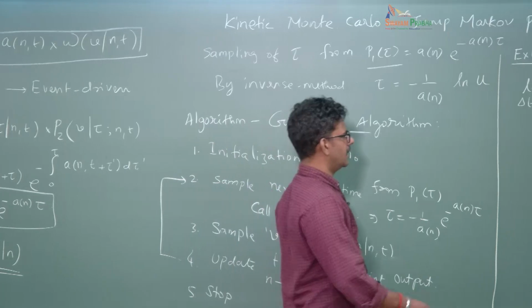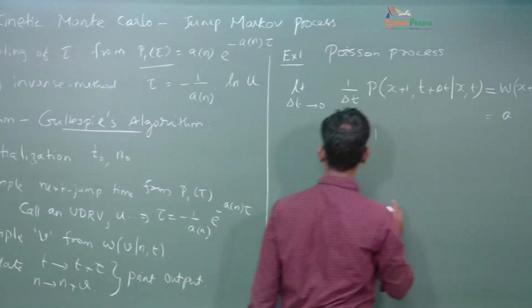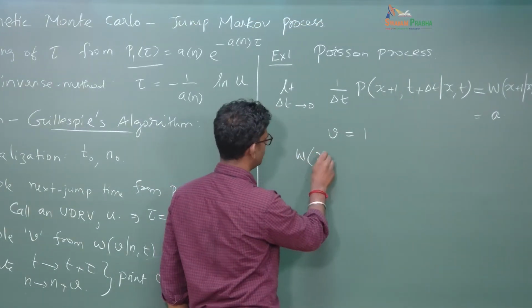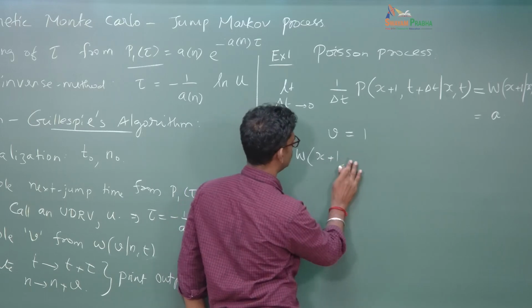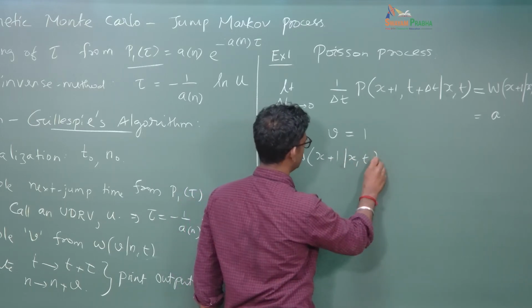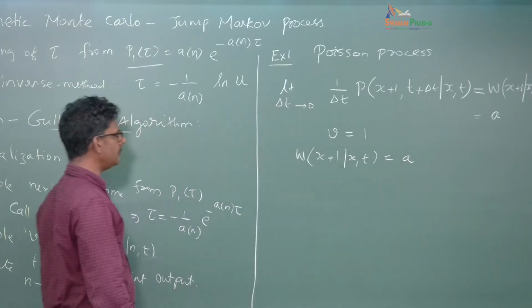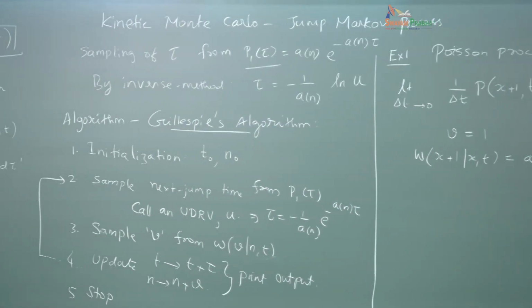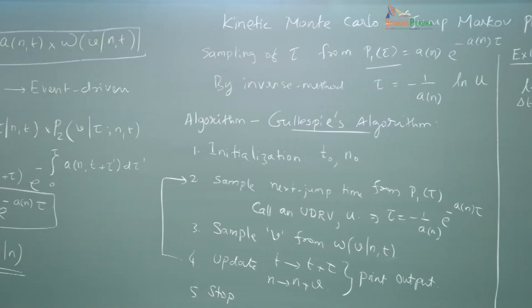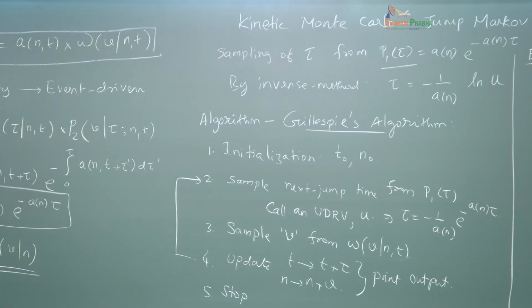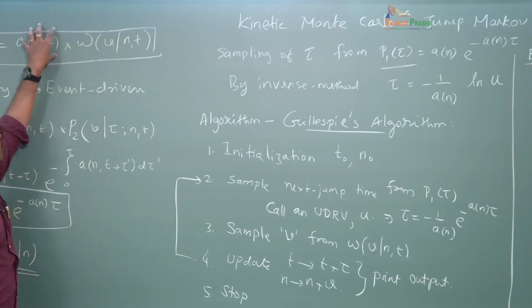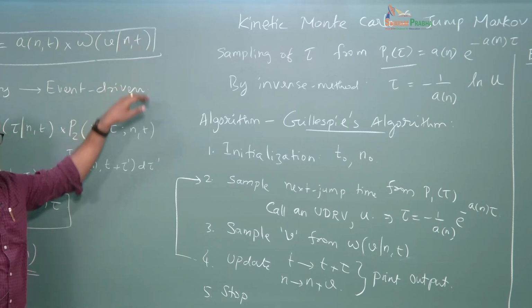Now if you compare with this expression, we are trying to express this characteristic function in terms of two functions, one that samples time, the other one samples the new variable.